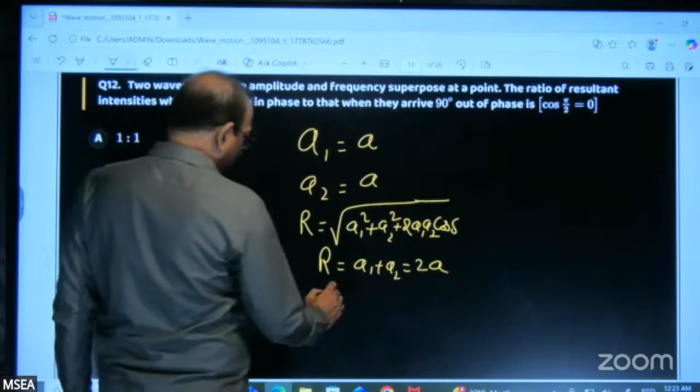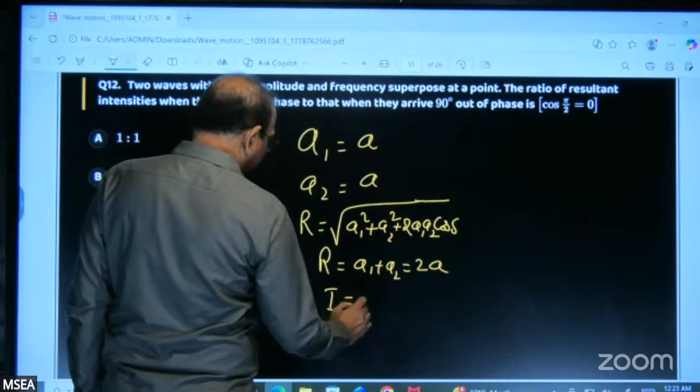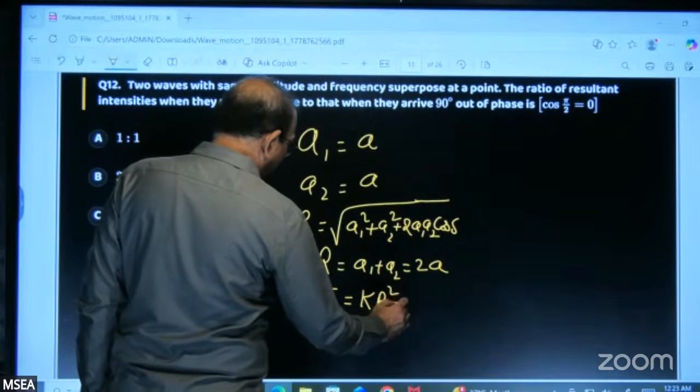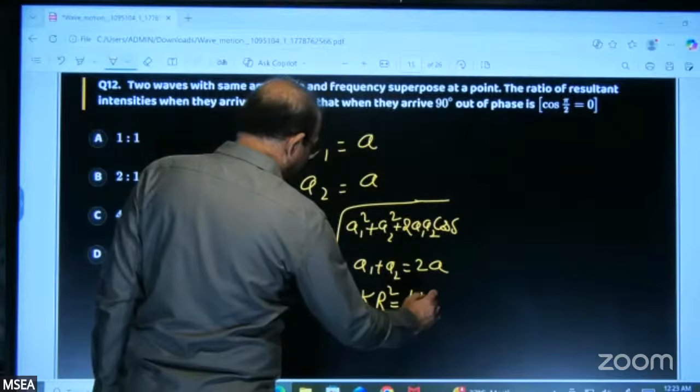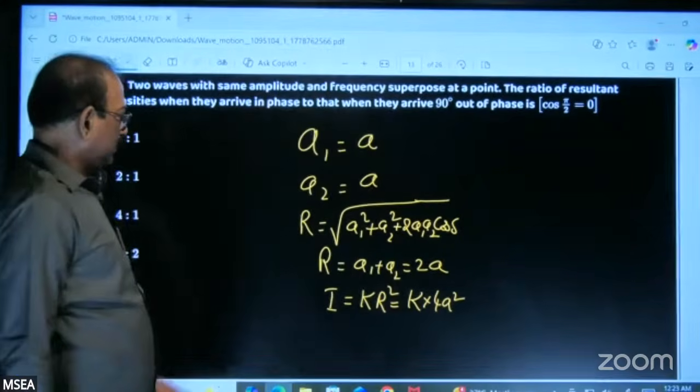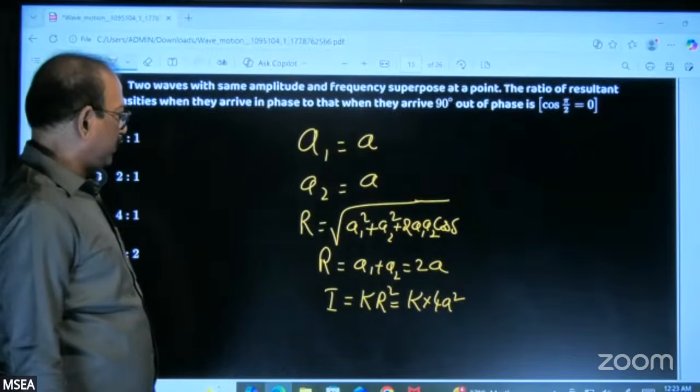Resultant intensity is some constant into amplitude square, so K into 4A square. That is the resultant intensity.